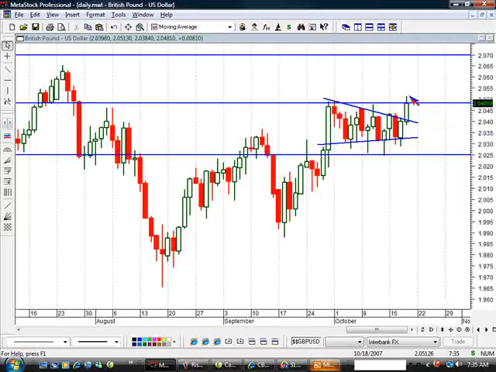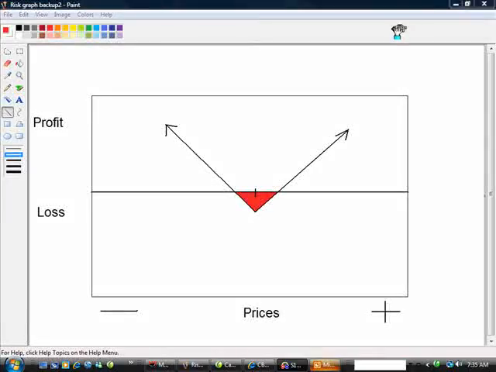The loss actually declines the higher you go and the lower you go. If we go back to our risk graph, you'll notice my maximum loss is right there at that price. It shrinks and shrinks and shrinks. So the probability of experiencing your maximum loss is extremely low.